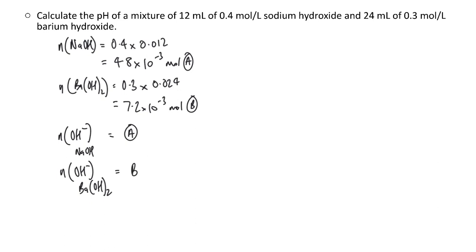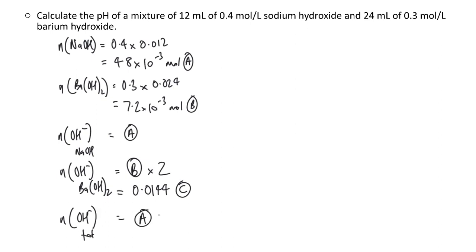Well, that's going to be B times 2, which happens to be 0.0144, which we'll call C. Okay, so then we can work out the number of moles of OH total, which will be equal to A, which is from the sodium hydroxide, plus C, which is from the barium hydroxide, which happens to be 0.0192 mole.